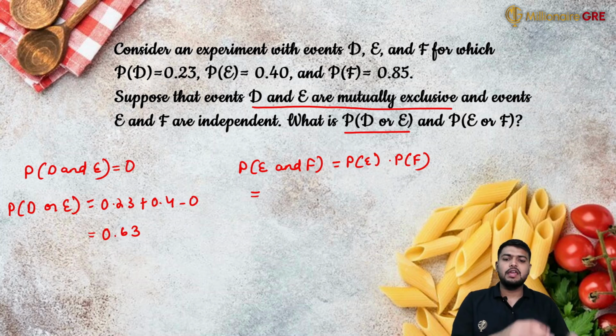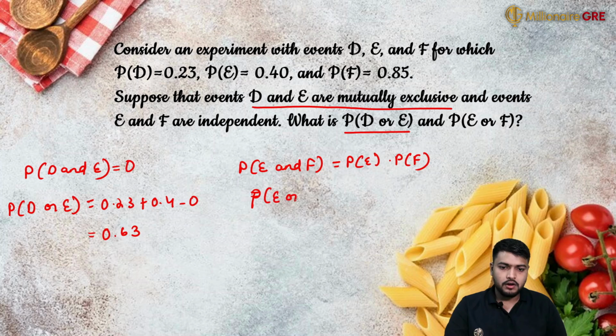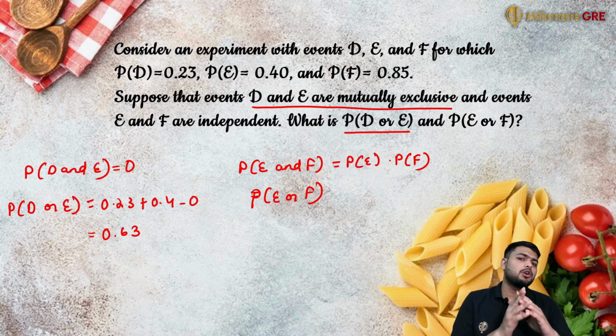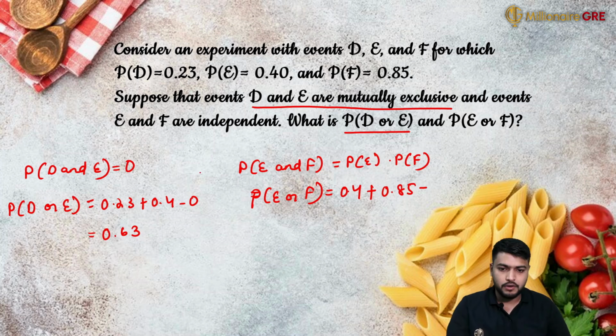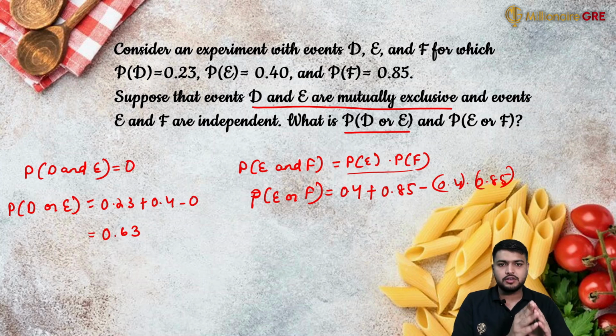P of E and F is this, but we are asked P of E or F. P of E or F is equal to P of E, which is 0.4, plus P of F, 0.85, minus P of E times P of F, because P of E and F is this. So P of E is 0.4, P of F is 0.85. If you find its value, you will get the answer as 0.91.